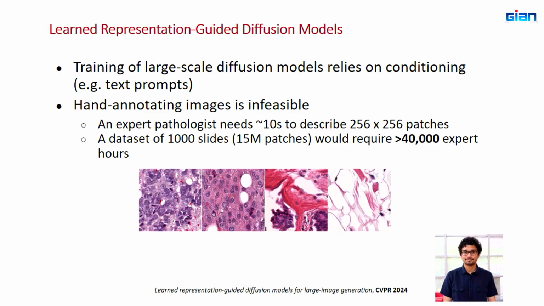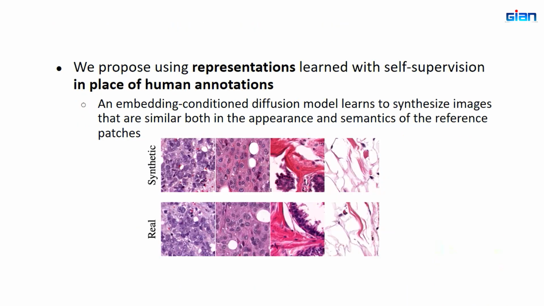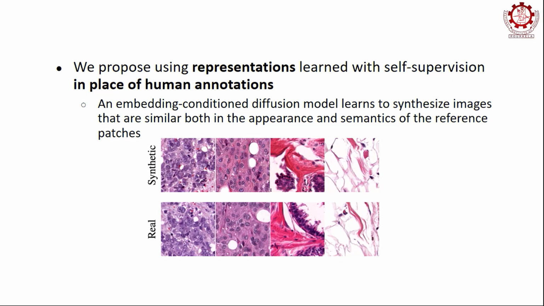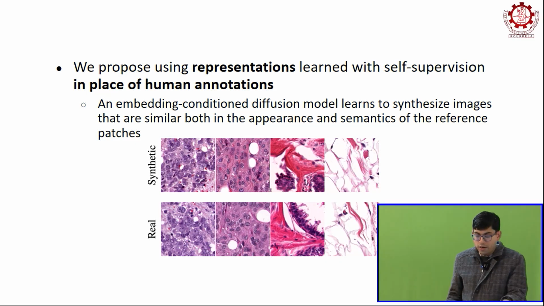You don't need a tumor classification, or a textual description of what's going on in that image. You run your patches through the foundation models, you get the embeddings, and those embeddings become conditions to your diffusion models, and we did that here.